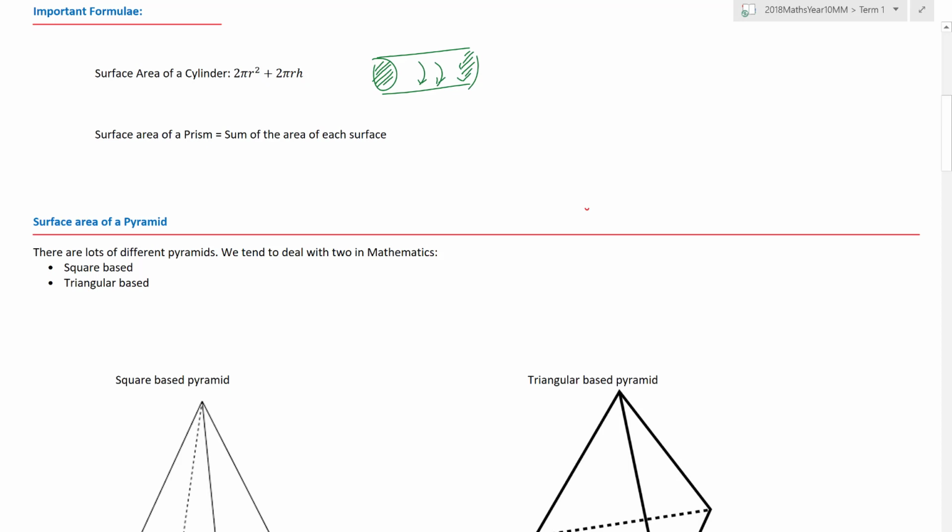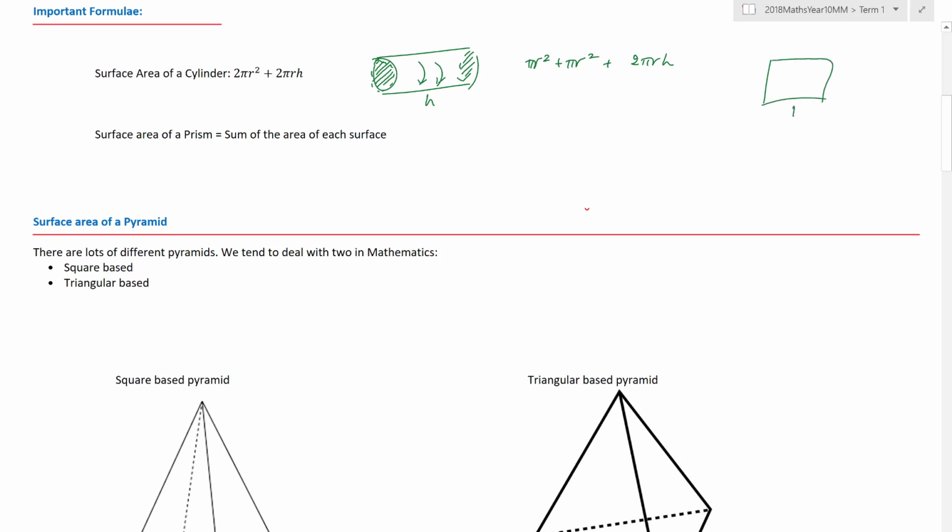So the surface area of a circle is pi r squared, there's the front, plus the surface area of the back circle, plus this curved surface, which was actually a rectangle with the same height h, but the bit that wrapped around was equal to the circumference of a circle. We know the circumference of a circle is 2 times pi times r, with the h.